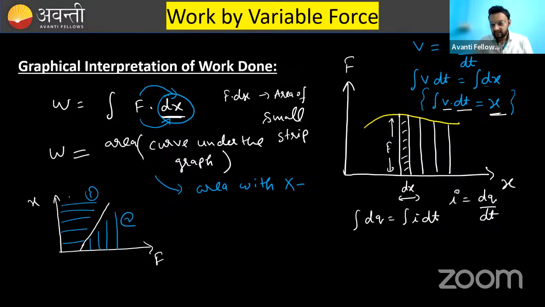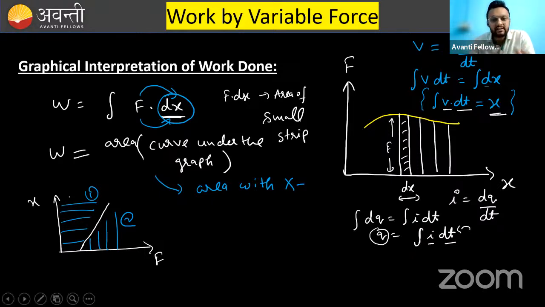Integrate it and you get q equals integration I dt. So what will you read from it? Integration means the area of the I versus time graph with the time axis will give charge. These are basic things and you need to know that. I hope it's clear to you.